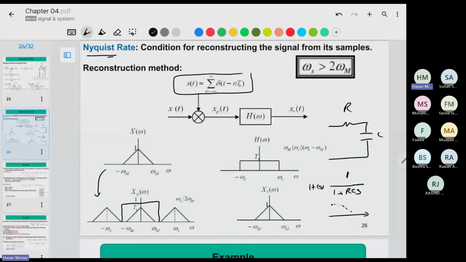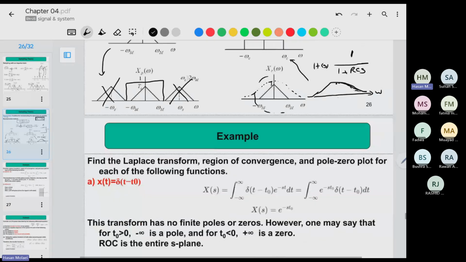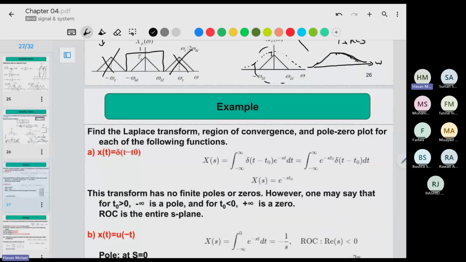When S is increasing, or j omega is increasing, it's going to drop. Yeah, that's one low pass filter, but this one is an ideal low pass filter. That's really sharp. Which means if we have a low pass filter like this here, we can just filter the signal and omit the other one. So we can reconstruct the original signal.